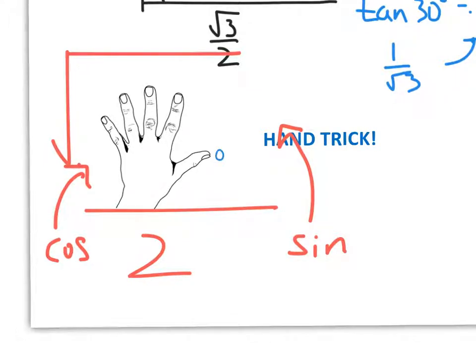So your thumb represents 0 degrees, your index finger is 30, then we go 45, then we go 60, and then we go 90, okay? And if you're coming from the cosine direction, it's the exact opposite, okay? 0, 30, 60, so on and so forth, okay? But I'll show it to you here in a second, okay?